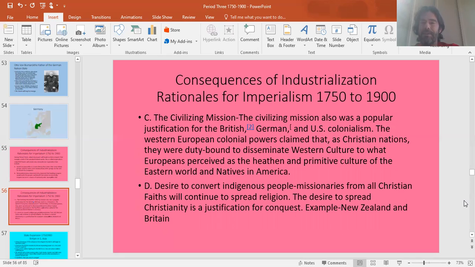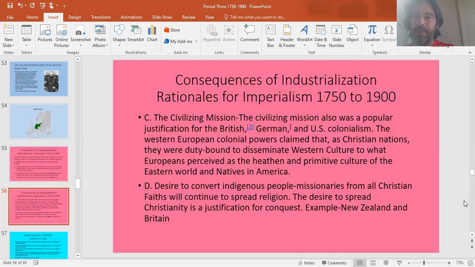I don't know if any of you have ever seen, it really is one of my favorite Disney movies, The Jungle Book. Well, the actual person who wrote The Jungle Book was a man named Rudyard Kipling. Rudyard Kipling was a breathtaking racist who also wrote a poem called The White Man's Burden. And in this poem, it was basically, all these savage, dark-colored people, they need us.